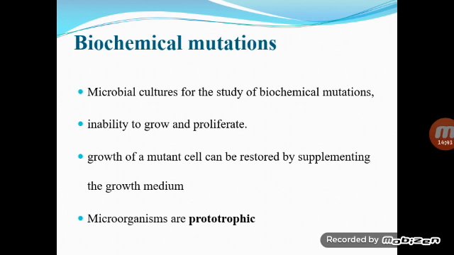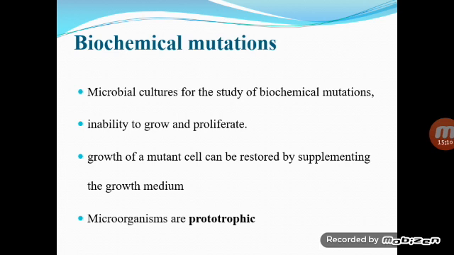Microbes can be prototrophic. What are the prototrophics? Prototrophics can exist on a substrate of simple inorganic salts and an energy source. Such types of microorganisms are called prototrophic microorganisms.